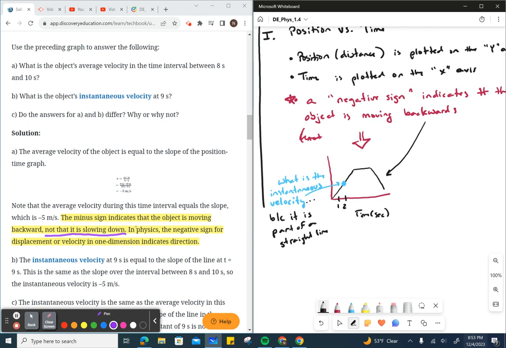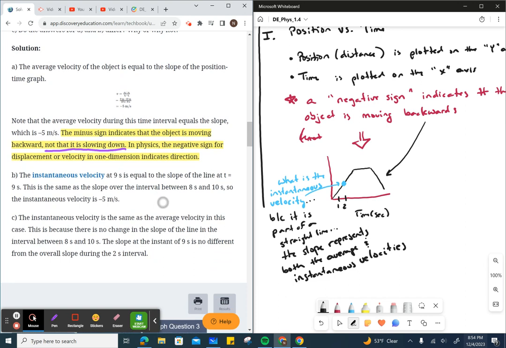Because it is part of a straight line, the slope represents both the average and the instantaneous velocities. Okay.